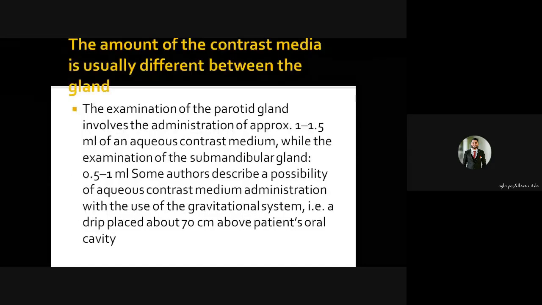Look here, the amount of contrast media is usually different between the glands.